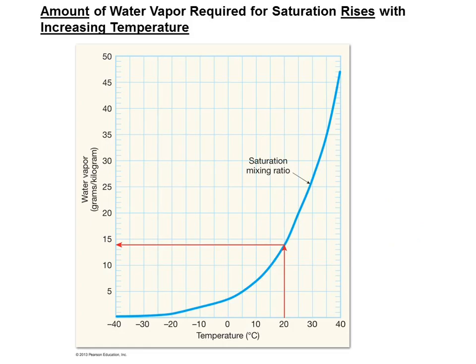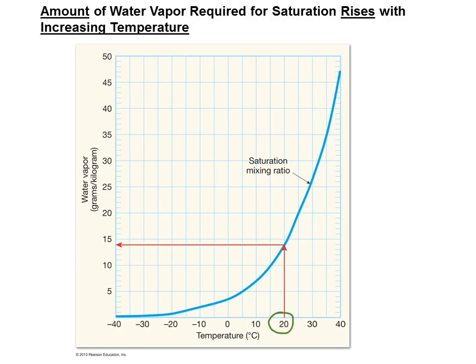All right. So this blue line is the point at these temperatures at which the mixing ratio is such that it's saturated. They're picking on a temperature of 20 degrees.